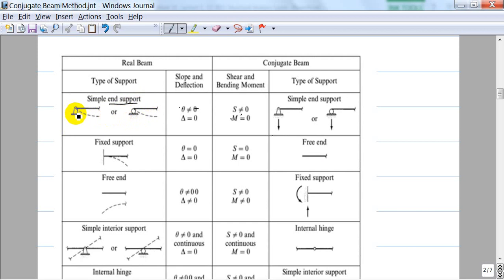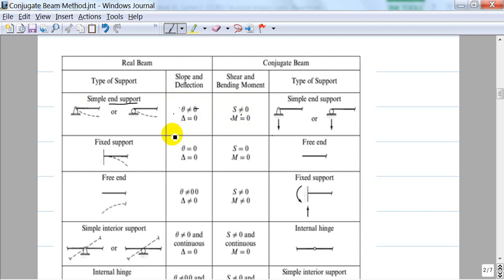So if there is a slope, it means in the conjugate beam you should get shear force at that support, but you should not get any moment because there is no deflection at the support. Since there is a slope here, there should be some shear force.